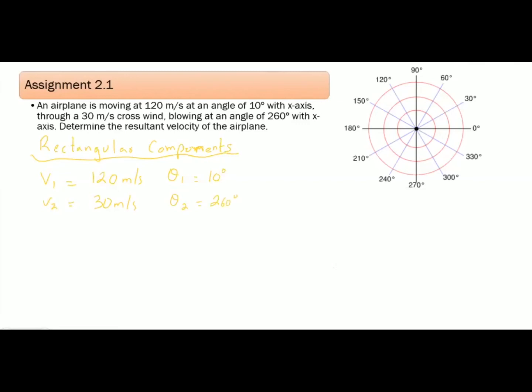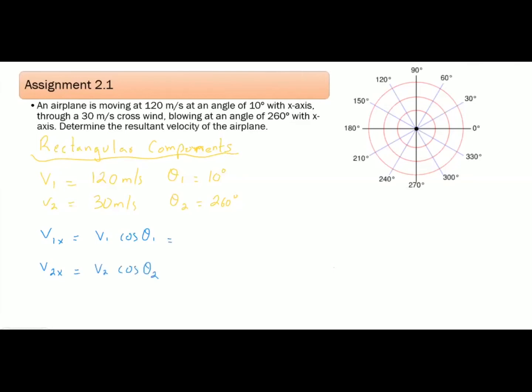The very first step is to resolve these vectors into their x and y components. First of all, we will solve them for the x component. v1x will be equal to v1 cos theta 1, while v2x will be equal to v2 cos theta 2.